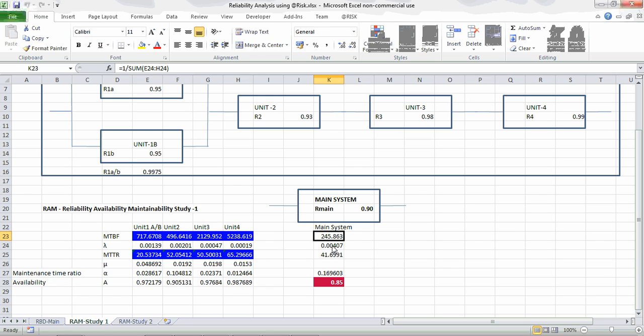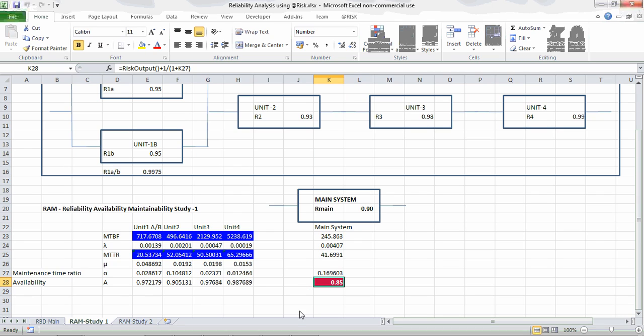So lambda is summed up, it's 0.00407, a summation of all the lambdas we have in series, and mean time to failure is calculated using this formula, and alpha is again summed up, and the availability of the total unit is calculated using this formula.